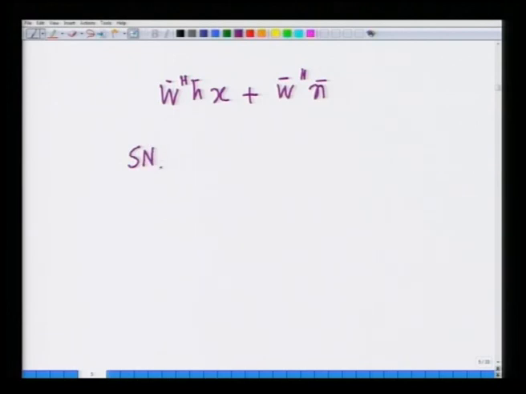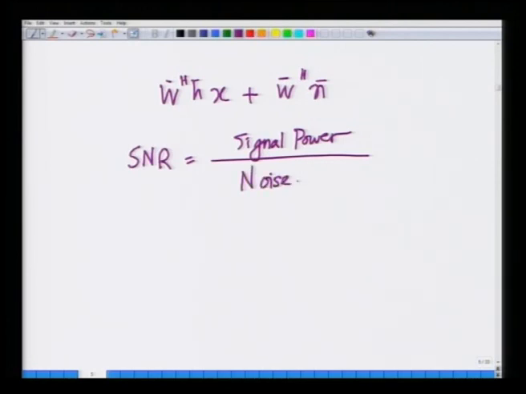The SNR is nothing but the signal power divided by the noise power. The SNR, the signal to noise ratio of the output of the beamformer in this multiple receive antenna system, is signal power divided by noise power. Now, let us first compute the signal power.